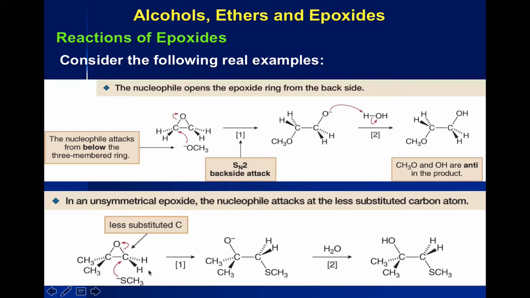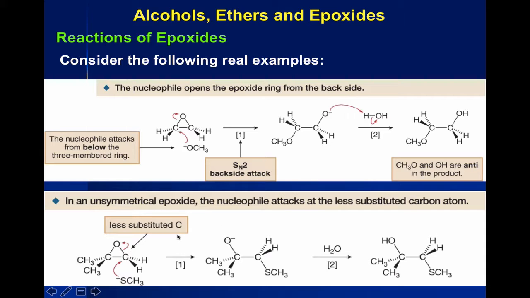And it turns out that under basic conditions, when no acid is present, the nucleophile prefers to attack the less hindered, less substituted carbon. And that breaks open the ring, and you end up forming the new carbon-sulfur bond. You have the new alkoxide. Then when you treat it with water, of course, the alkoxide picks up a hydrogen from the water, and you end up with your product.